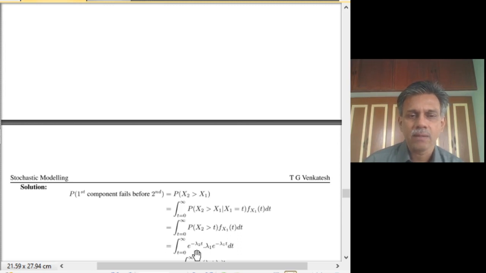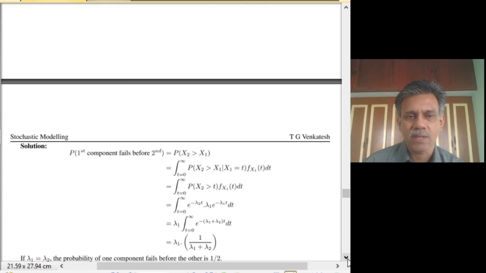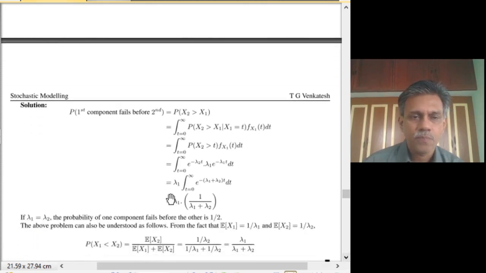And you know that this is the CCDF of x2, which is e power of minus lambda 2 t, and the next one is the PDF of x1, which is lambda 1 e power of minus lambda 1 t into dt. So simply we can find it as lambda 1 into the integral 0 to infinity of e power of minus (lambda 1 plus lambda 2) t dt, which on integration will give you 1 over lambda 1 plus lambda 2. So we get the resultant probability as lambda 1 by (lambda 1 plus lambda 2).